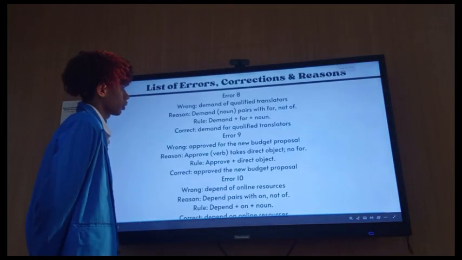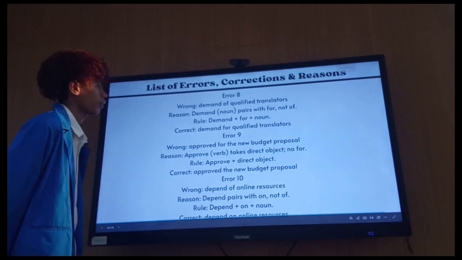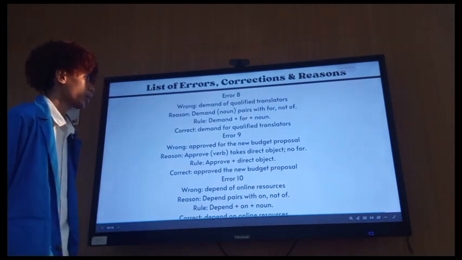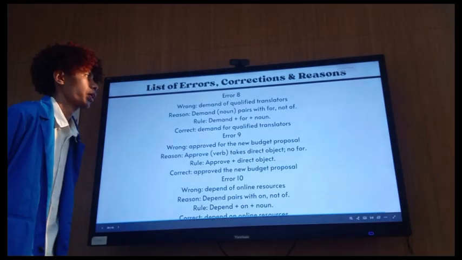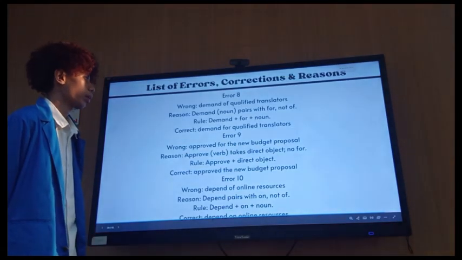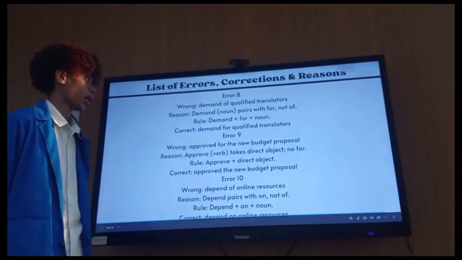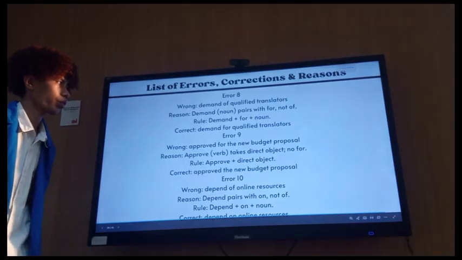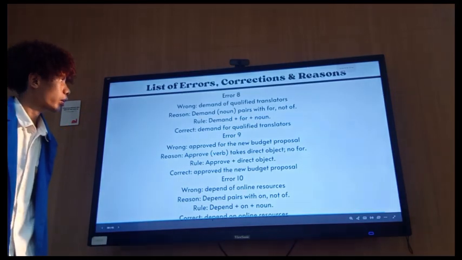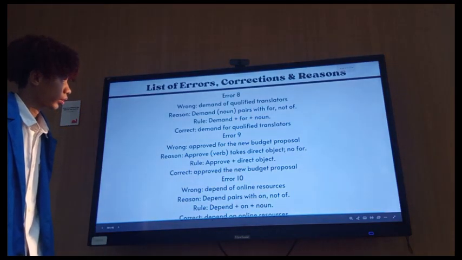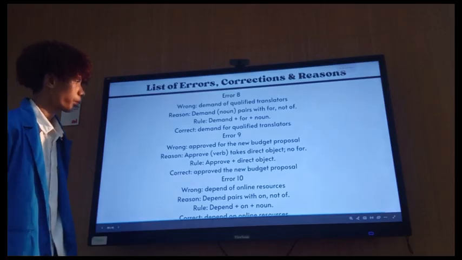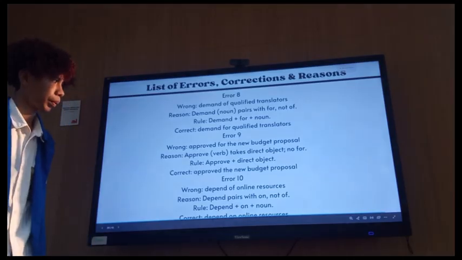Error 8. Wrong: "demand of qualified translators." Reason: the noun "demand" pairs with "for", not "of". Rule: demand for plus noun. Correct: "demand for qualified translators." Error 9. Wrong: "approve for the new budget proposal."